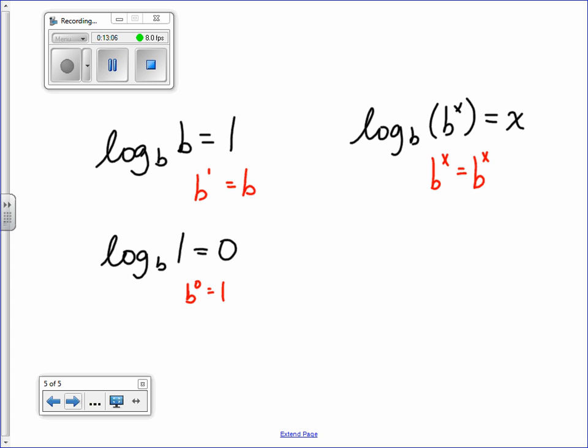What's written in black is the property, and what's written in red is the reason why. The next one is sort of an inverse function: b to the log base b of x equals x. This is just because you are composing inverse functions.